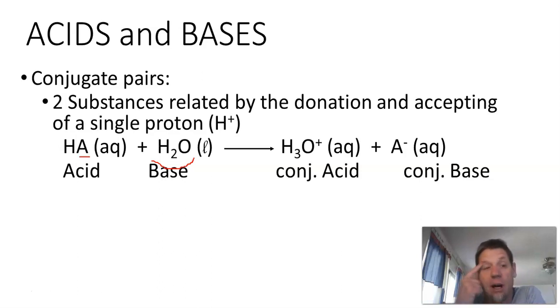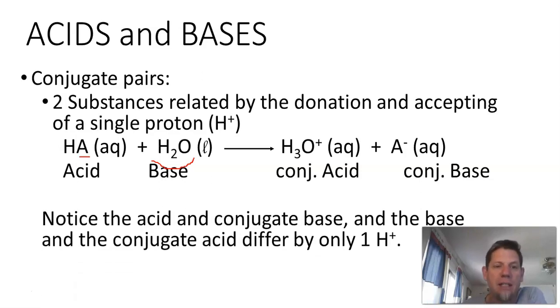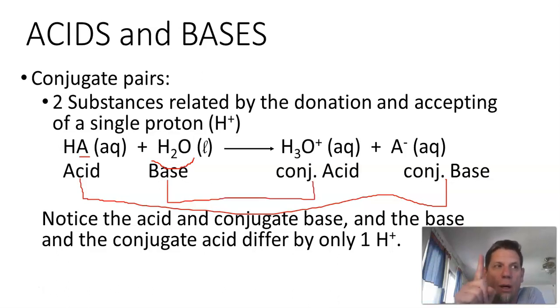If you'll notice that the conjugate pairs, the acid and the conjugate base, and the base and the conjugate acid, those are the pairs, they differ by one H+. So this is my acid, and it connects to the conjugate base, and they differ by one H+. The other is true as well. The base and the conjugate acid are different by one H+. H2O and H3O+.